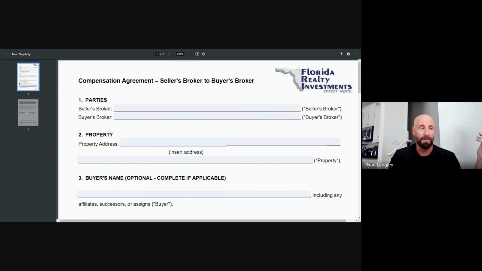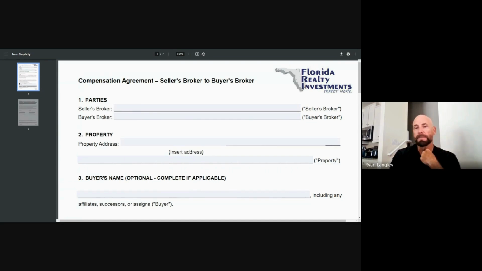Once they have each other's information, you guys have had your sellers talk to buyers before and your buyers talk to sellers before, and you know that it's never a great thing when they do. They could negotiate you out of your commission before, but now the buyer owes you because you have a signed agreement with them. They owe you that 3%. And even if it's only 2.5%, they can't negotiate you out of it. They're still going to have to pay you at some point.